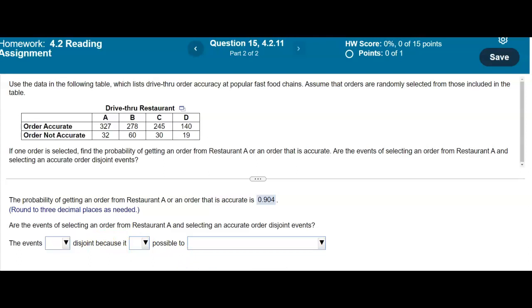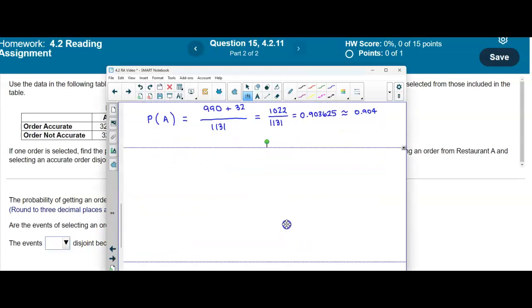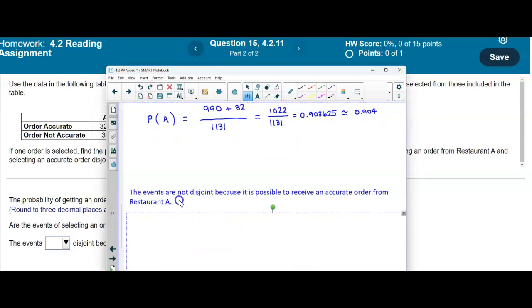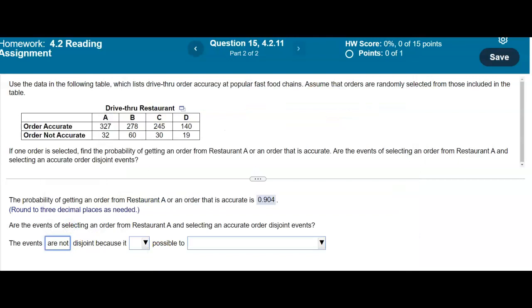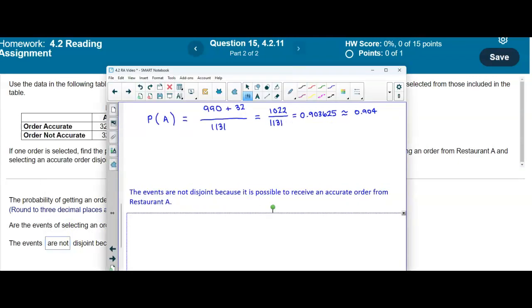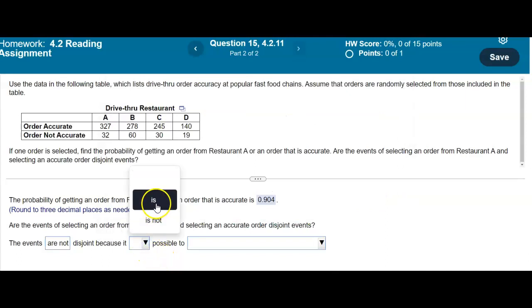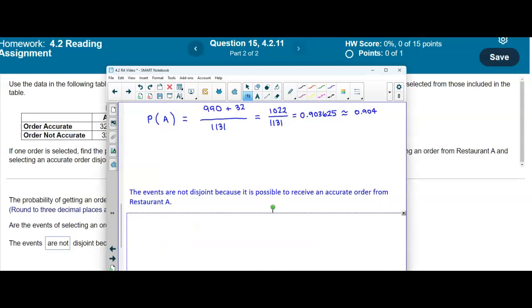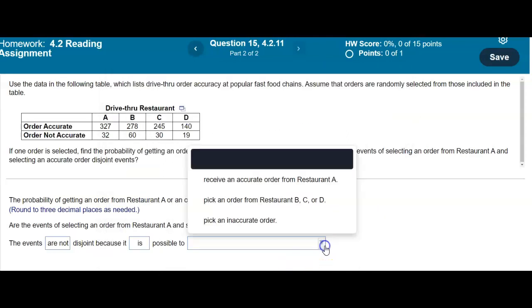So we're going to say that the events are not disjoint because it is possible to receive an accurate order from restaurant A.